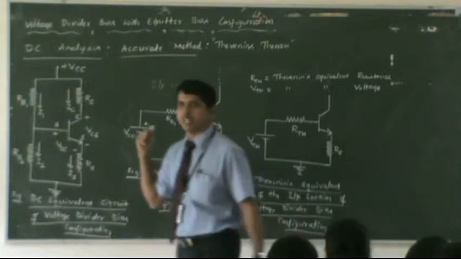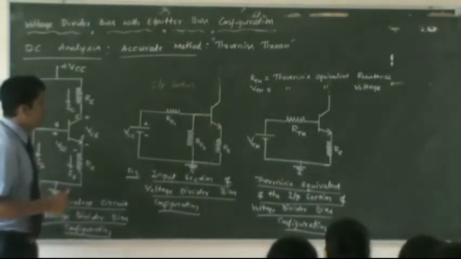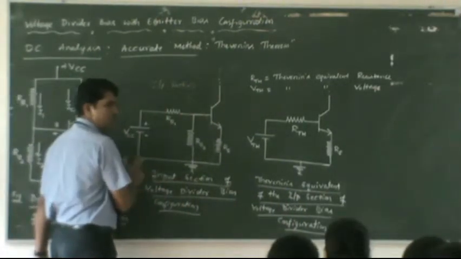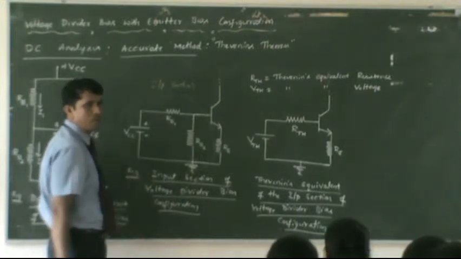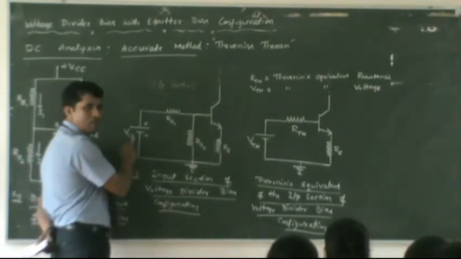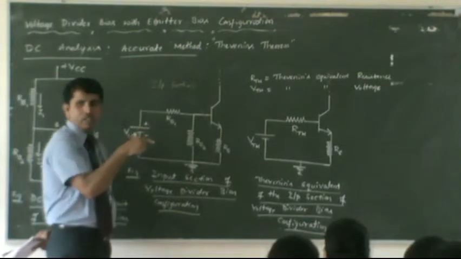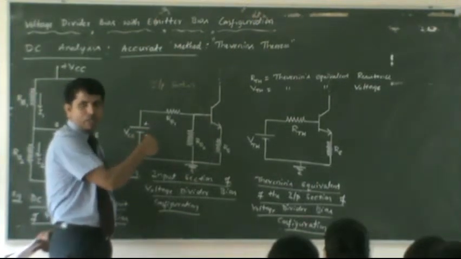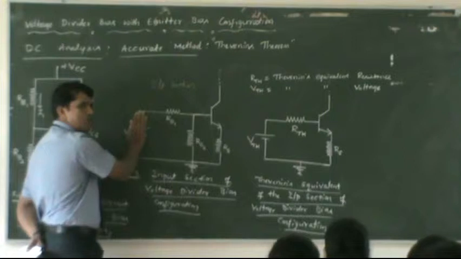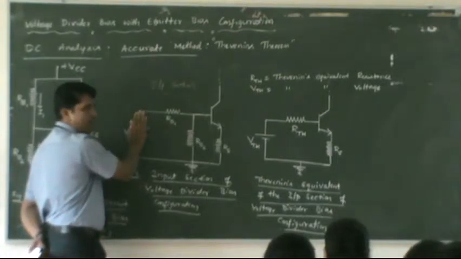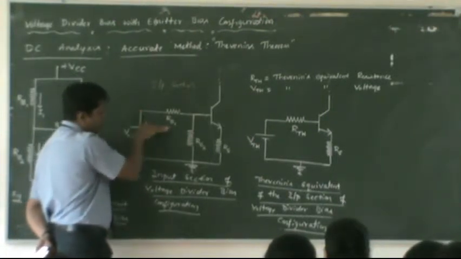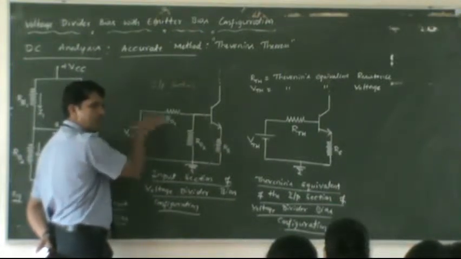You understand how to calculate R Thevenin? If you have any voltage sources in this input section, just replace them with a short circuit. You do it virtually, not physically. Assume this voltage source does not exist when you calculate R Thevenin. Now looking at this side, what is the equivalent resistance of this input section?